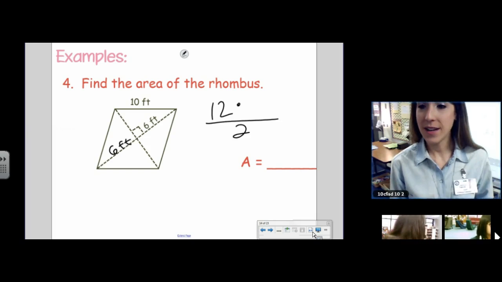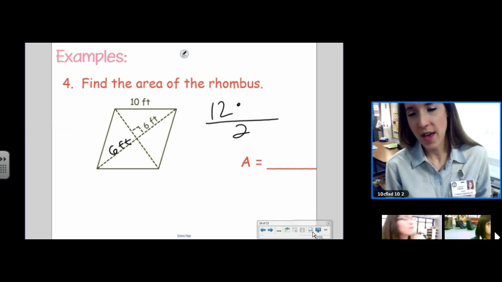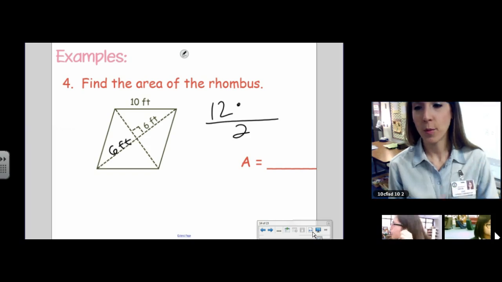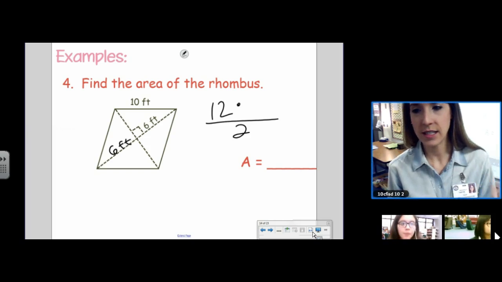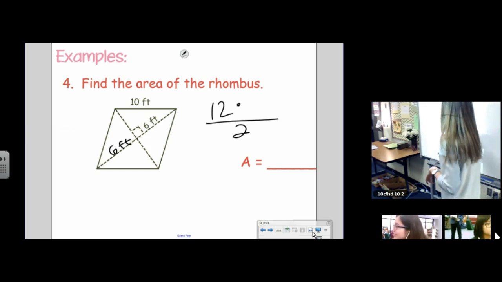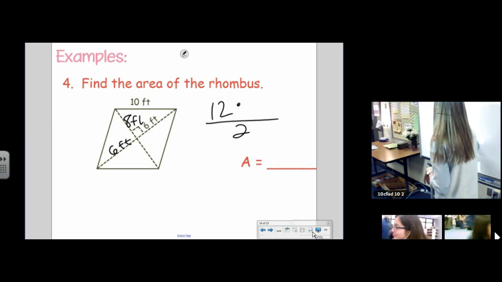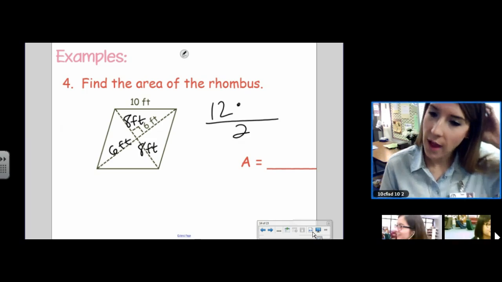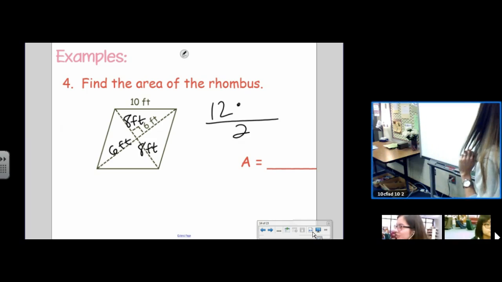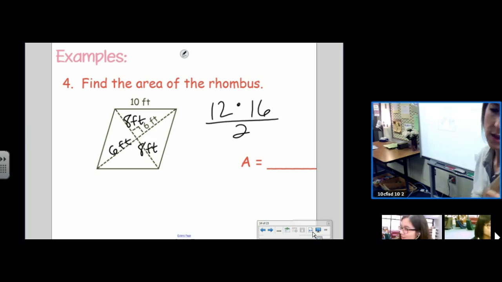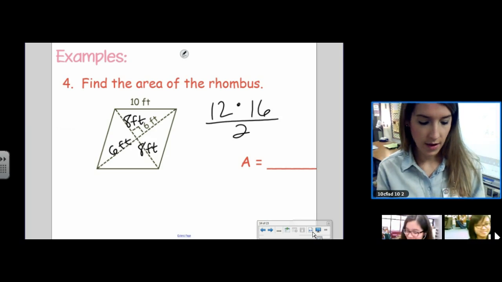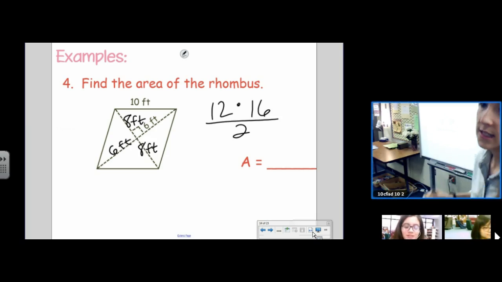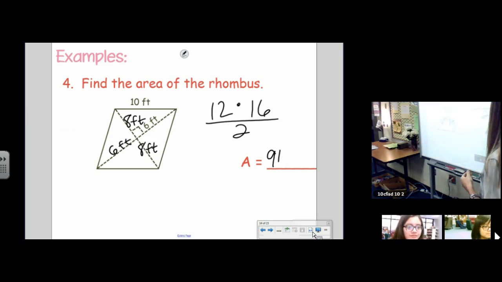Now we need to use a Pythagorean triple or Pythagorean theorem to find the other one. 3, 4, 5, you double that, you get 6, 8, 10. So that's a Pythagorean triple. If you didn't know that, you can use the Pythagorean theorem. So diagonal 1 is 12. Diagonal 2 is 16. Find the product and divide by 2. 96 feet squared.